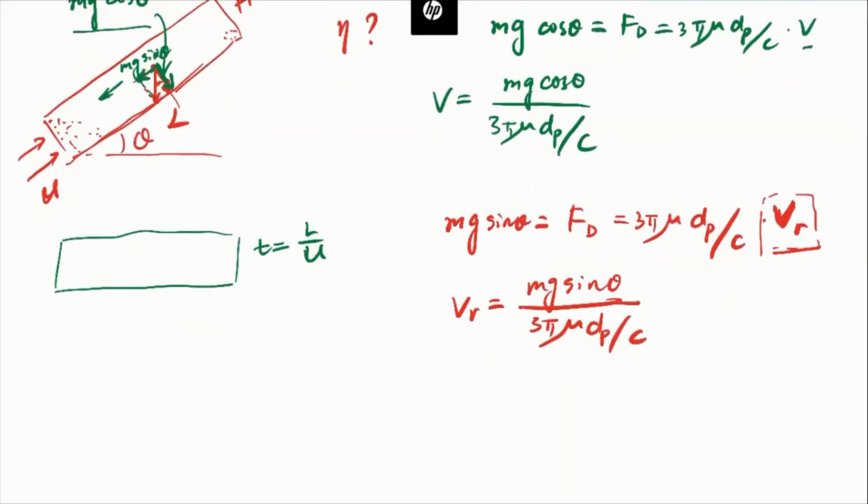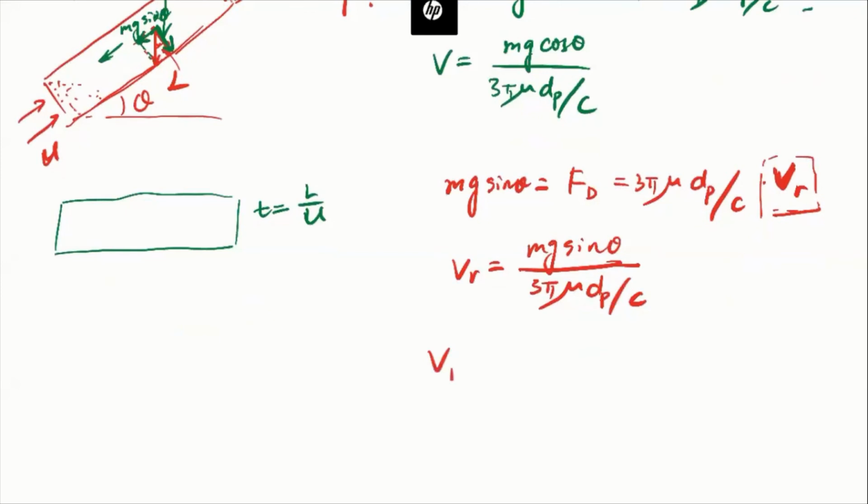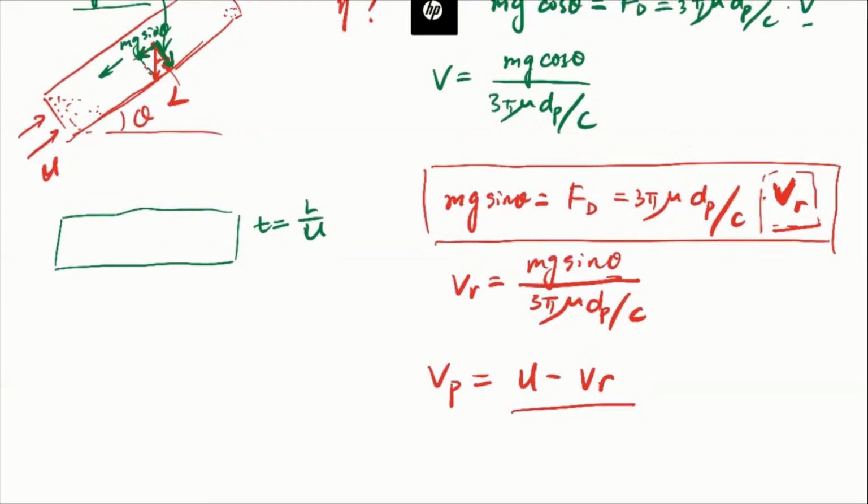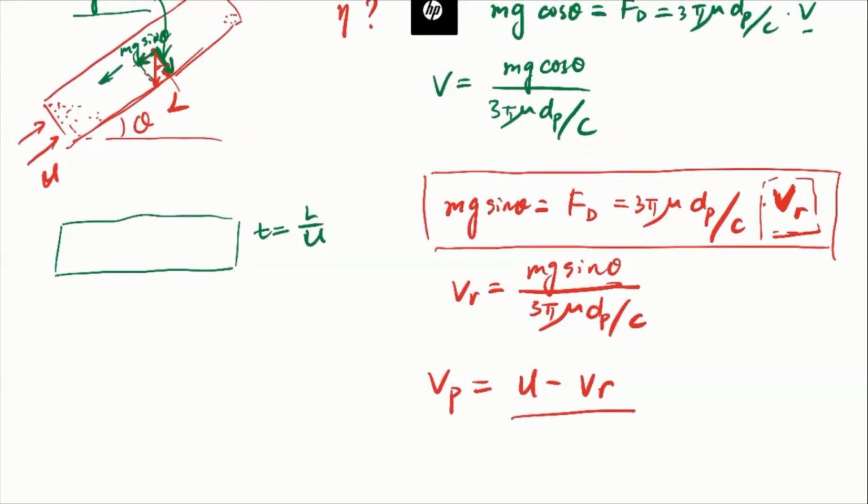And the actual velocity of the particle, or the Vp, is basically U minus Vr, right? From this equation, we solved the relative velocity of the particle and the flow. To calculate the actual velocity of the particles, we have to consider the velocity of the flue gas, that is U. That's why we have to use U minus Vr.